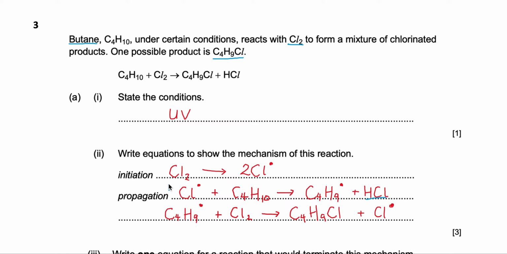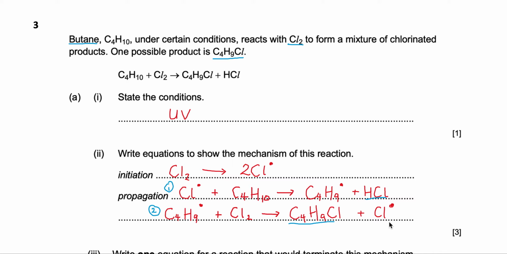So this is reaction 1 for propagation. This is going to be reaction 2. So C4H9 radical is going to react with another chlorine molecule, and that's going to pluck off a chlorine to form C4H9Cl, which is the product we're aiming for. And because it's plucked off a chlorine, we're then left with a chlorine radical.